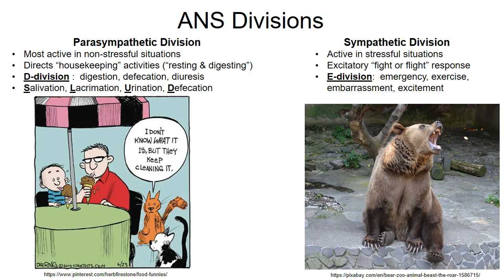So hopefully you can imagine that a lot of the responses from these two divisions are opposite of each other, so you're going to have opposite effects on a lot of these effectors between the two divisions.